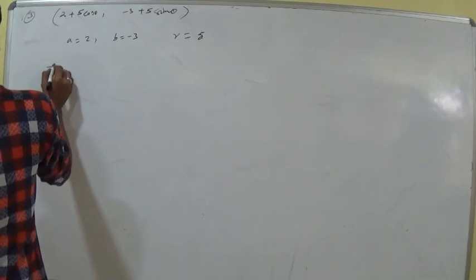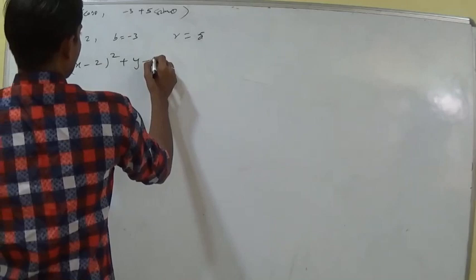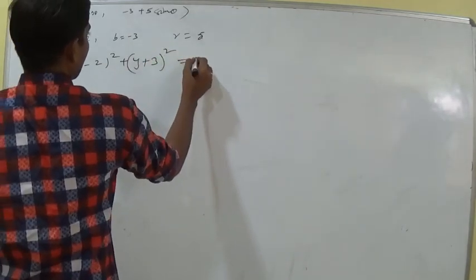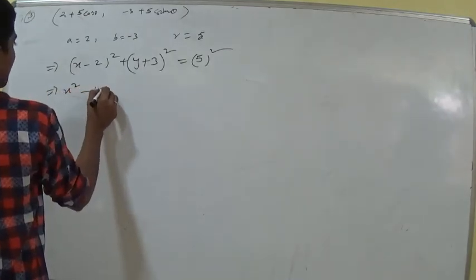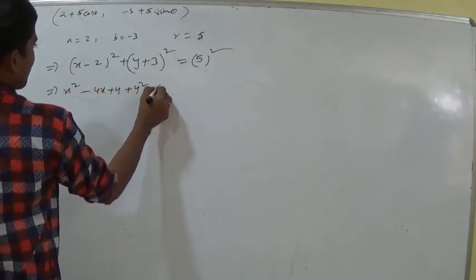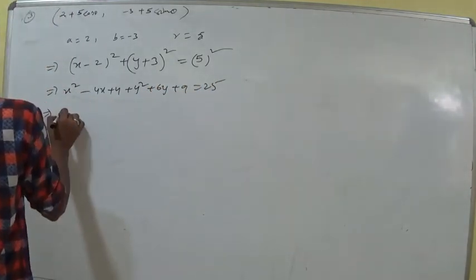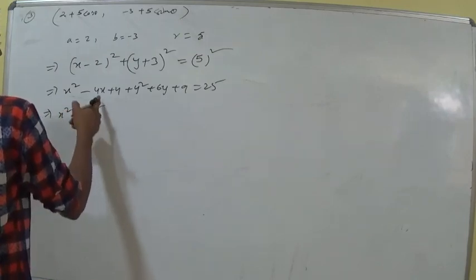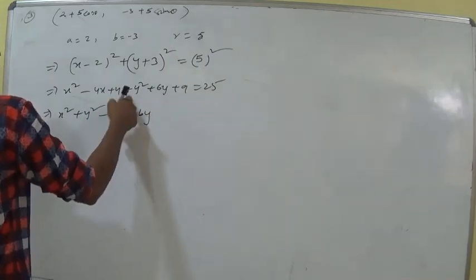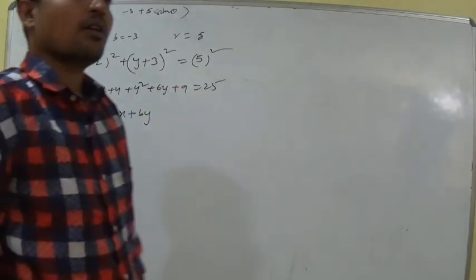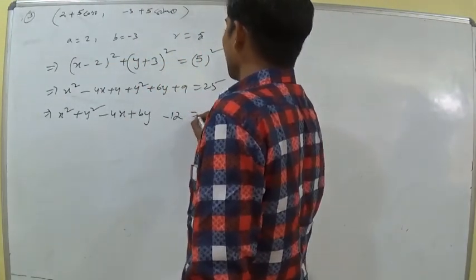So x minus 2 whole square plus y plus 3 whole square is equal to 25. x square minus 4x plus 4 plus y square plus 6y plus 9 is equal to 25. x square plus y square minus 4x plus 6y, and then 4 plus 9 is 13, minus 25 gives minus 12, equal to 0.